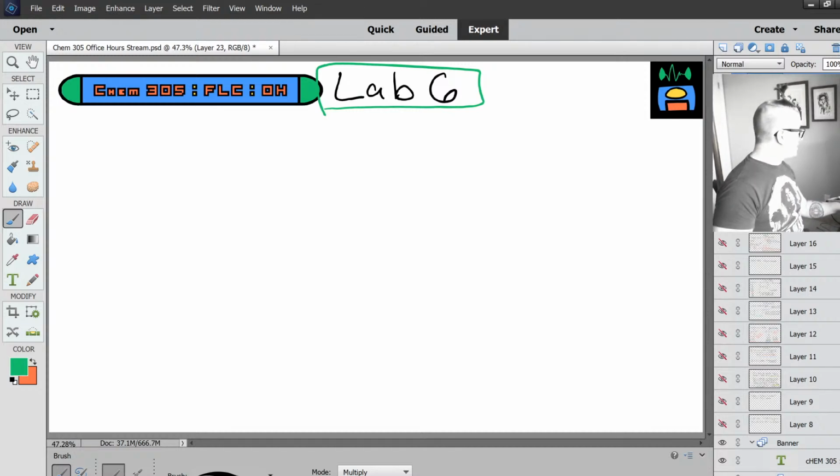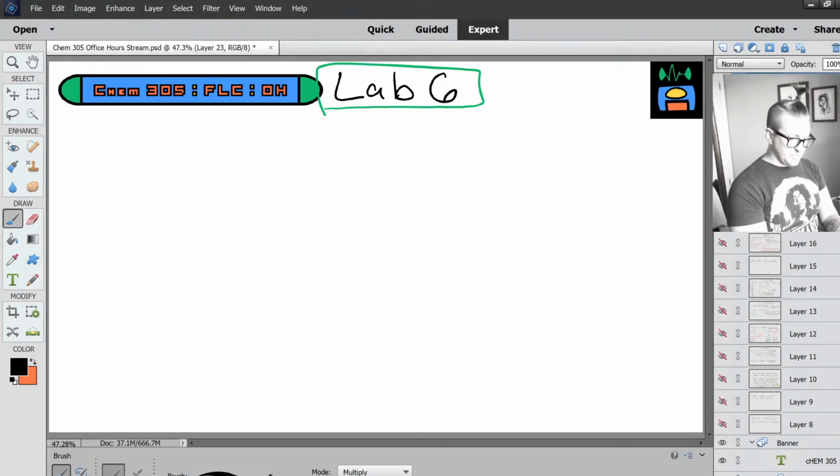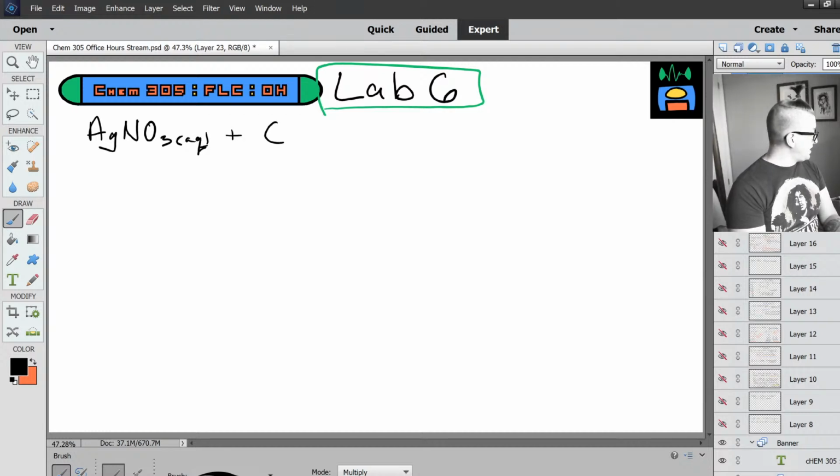Okay, so let's take a look. So real quick, what we're doing in lab 6, we're dealing with this reaction. We've got aqueous silver nitrate, which means it's dissolved in water, plus copper 2 chloride, also aqueous.